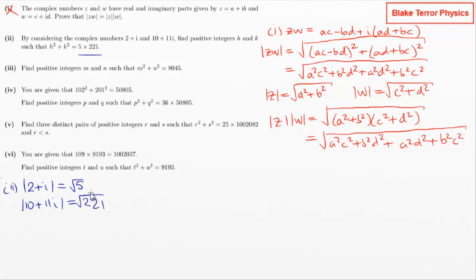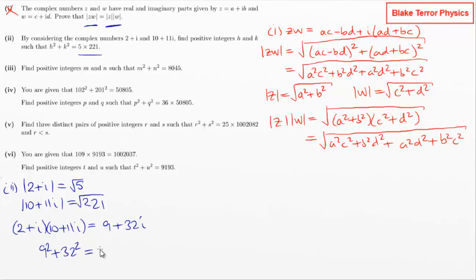So square root that. So if I multiply these two things together, because that's what we're doing in the previous example, well, the ZW bit. So 10 plus 11i. So that's going to be 20 minus 11, and then 22 plus 10, so 32i. So that means then that we've got, multiplied together, the modulus of that, so 9 squared plus 32 squared is going to be equal to, I could have the square root, but I don't need the square roots on.